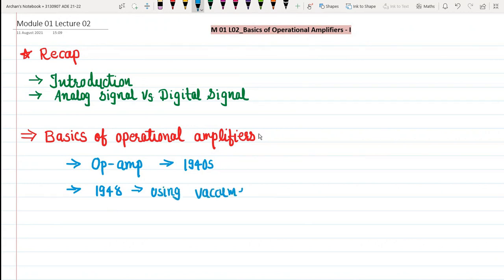In basic electronics also we have seen the use of vacuum tubes.